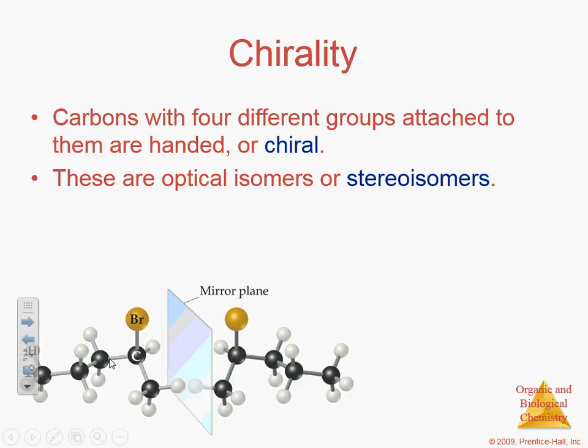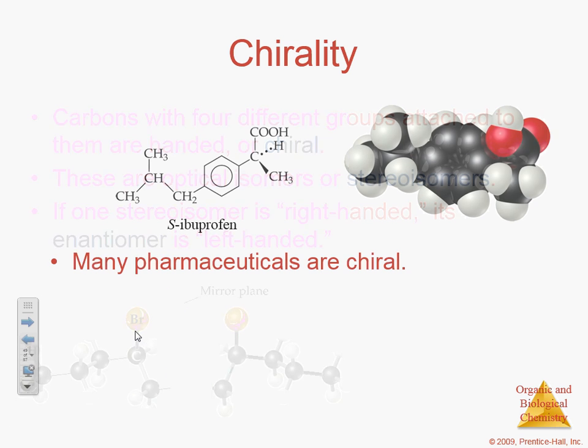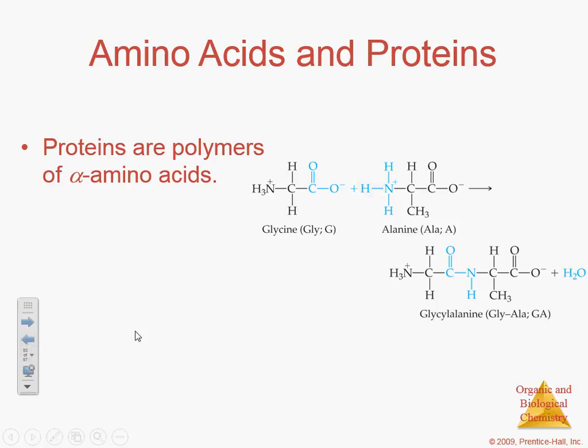And this is a 1, 2, 3, 4, 5-member carbon ring. So it's going to be a pentane group, and we're going to have the halogen here. This is a halogen, bromine, off of that here. Many pharmaceuticals are chiral.